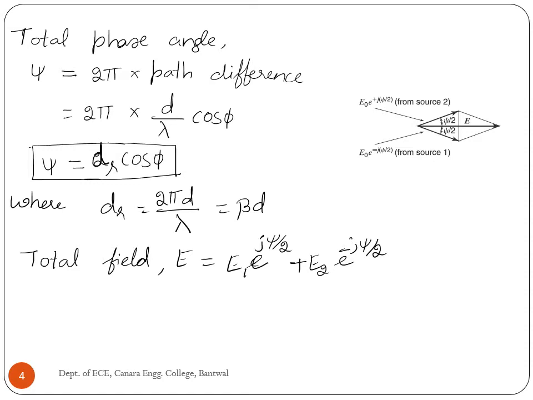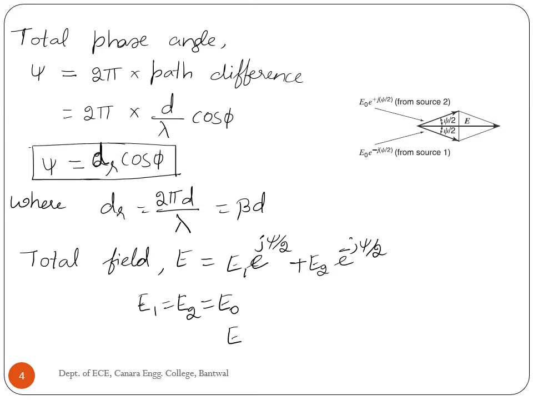And we know that isotropic point sources have the same amplitude. Therefore, we can consider E1 equal to E2 equal to E0.